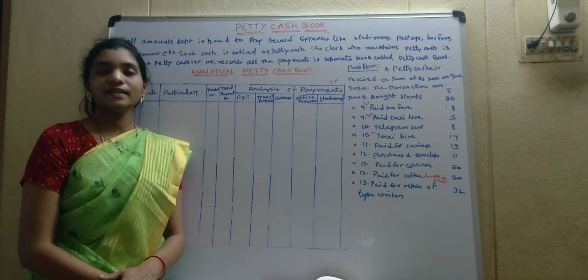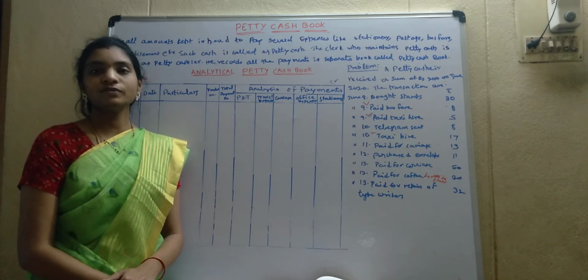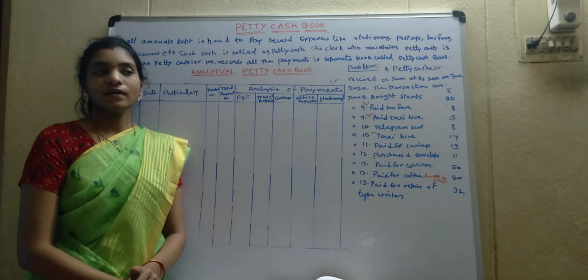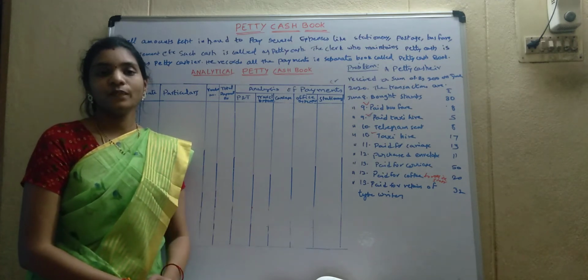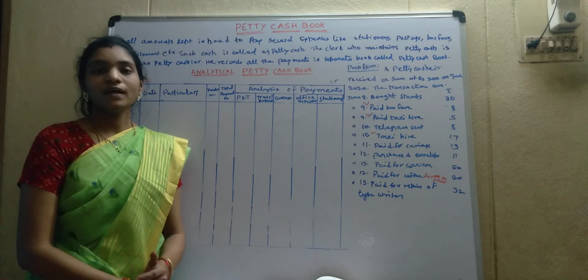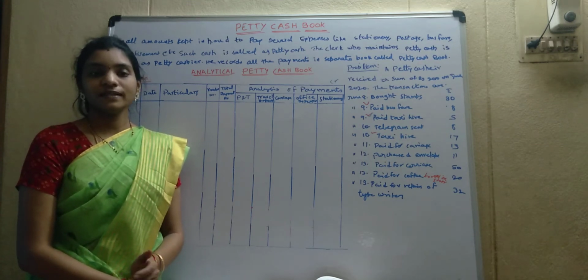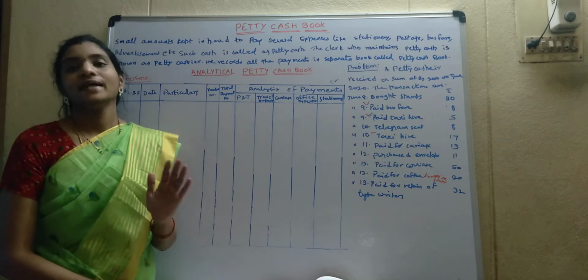In some circumstances, we have to maintain some small amounts of cash in our hand. The cash that we maintain in hand to pay several small expenses is called petty cash.